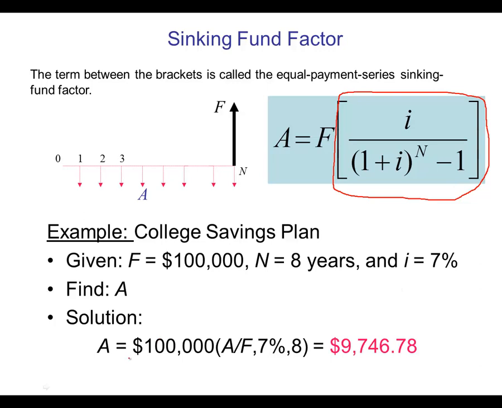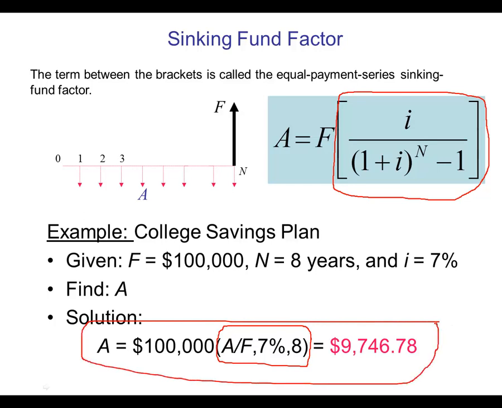In this case, we will apply the formula mathematically, or we can use the book where we can find what's called the sinking factor at the end of the book. Multiplying the sinking factor by 100,000 will give us 9,746 and 78 cents, and that will be our solution using either the mathematical formula, or using the tables in the back of the book.